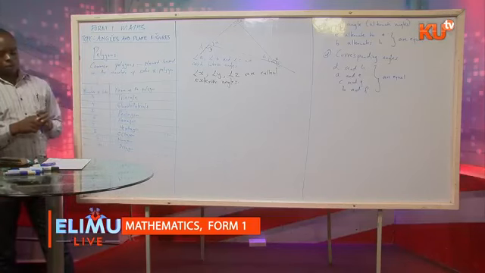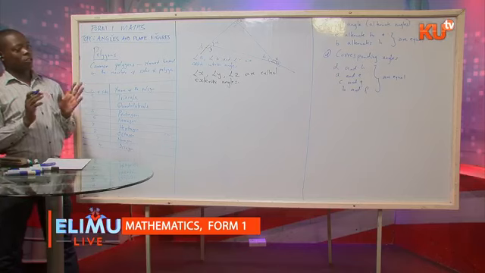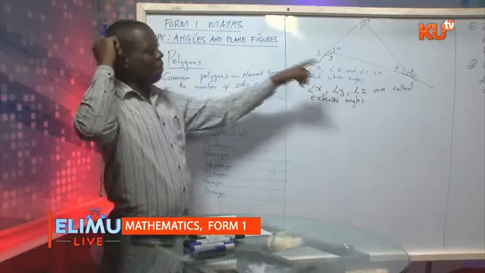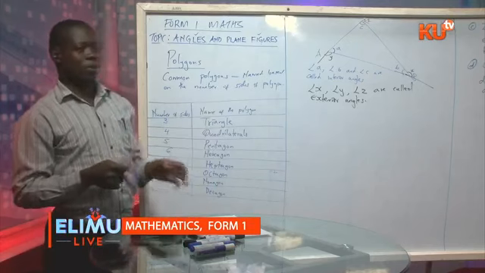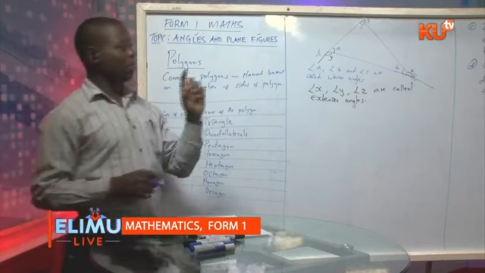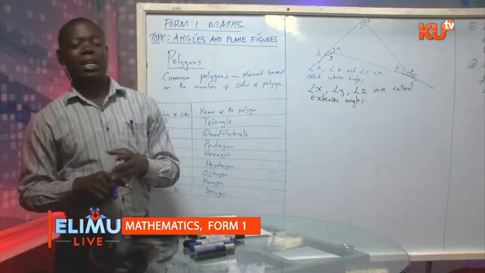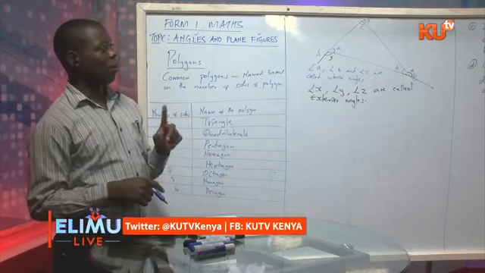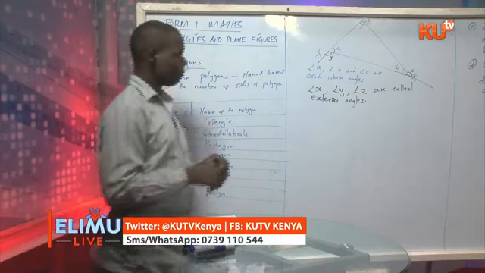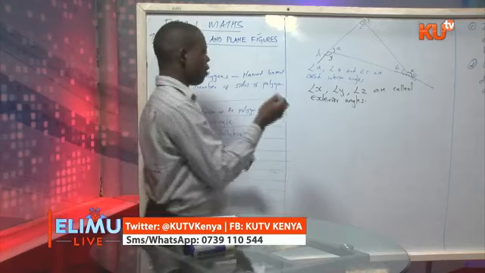Looking at our polygon, students should be able to tell that this is a triangle, but we are using the polygon for the sake of all of these polygons. This polygon has the exact number of sides, and we assume that all the sides are equal.